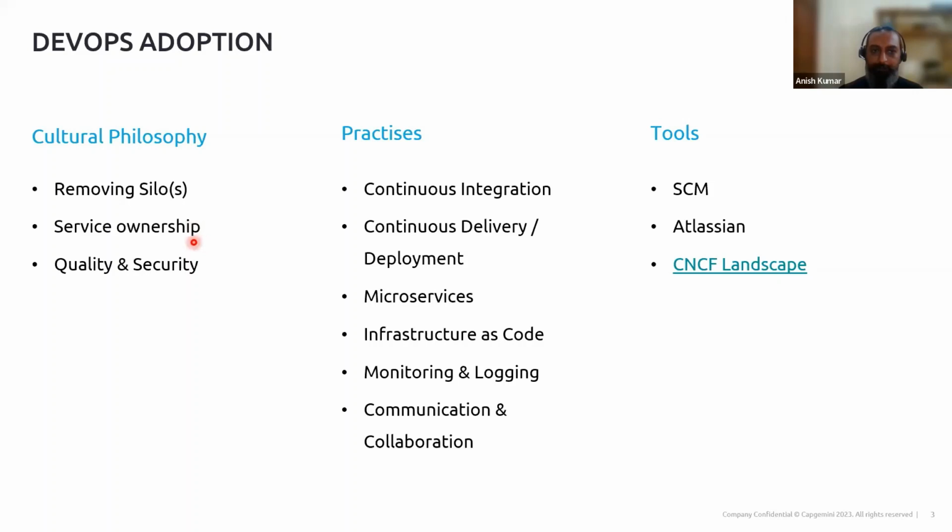Service ownership is something which a team should own. When I talk about service ownership, I touched upon the infrastructure aspect as well as the application aspect. When we talk about a DevOps team or a Scrum team, they should own an individual piece. It could be an application, it could be infrastructure, or it could be a combination of both.